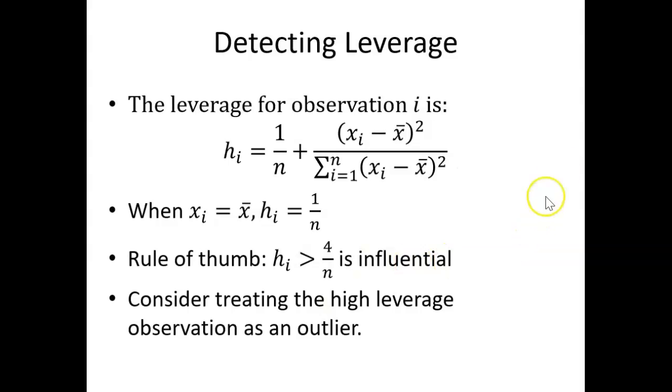Okay, so to find leverage, you can use a leverage statistic, and this is automatic in software like SPSS, but in Microsoft Excel you have to construct it. But the leverage statistic is equal to 1 divided by the sample size plus the square deviation from the mean for each individual observation, and then that's divided by the sum of the square deviations for all of the x's.